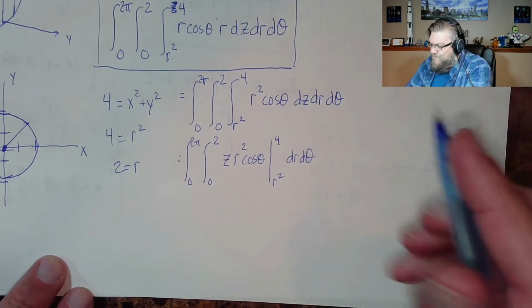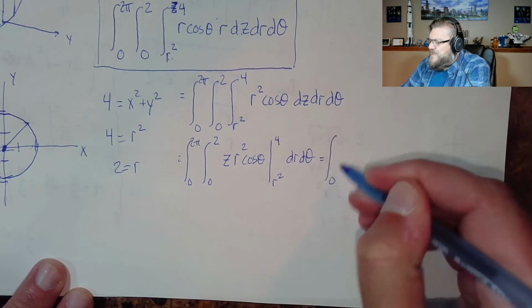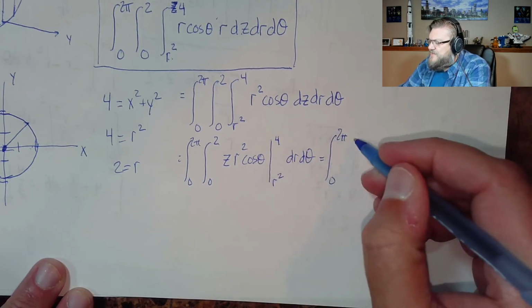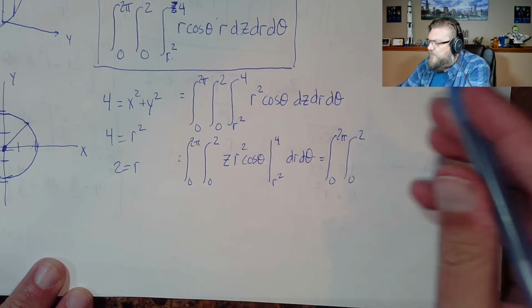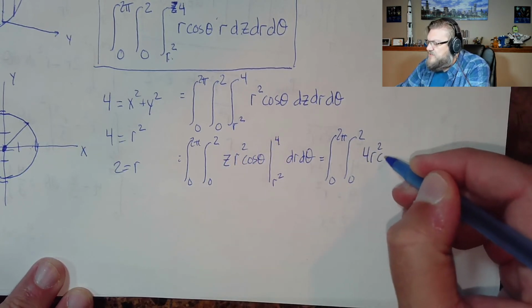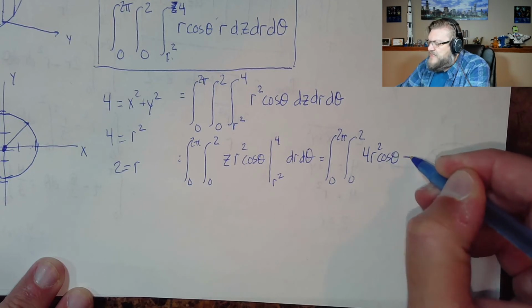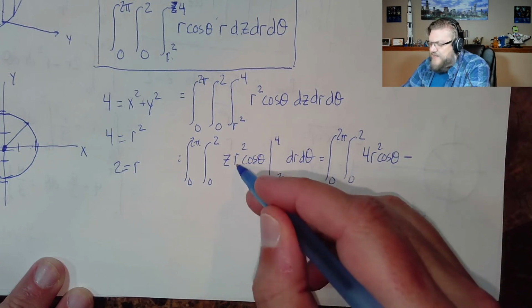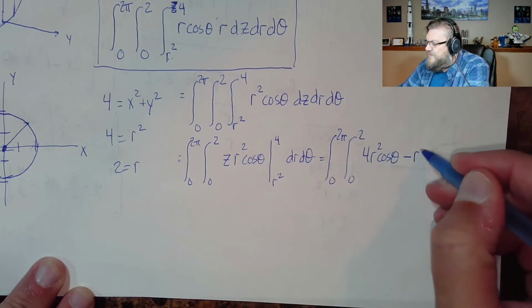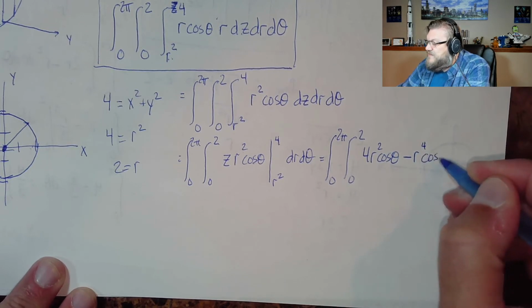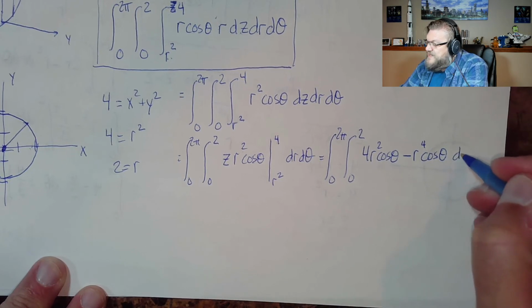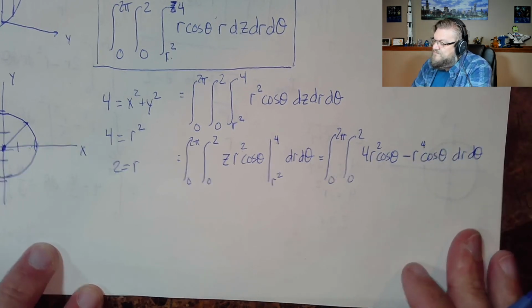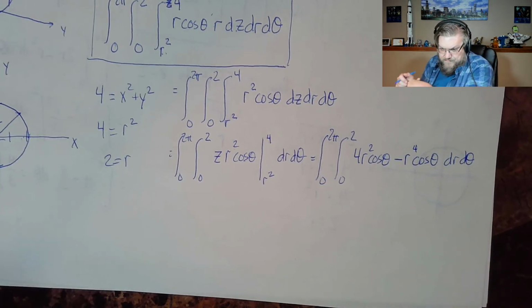Okay. You have the integral from 0 to 2 pi of the integral from 0 to 2, and you're plugging in for z values. So you're going to get 4 r squared cosine theta minus r squared times r squared. So that's r to the 4 cosine theta, dr d theta. Okay.